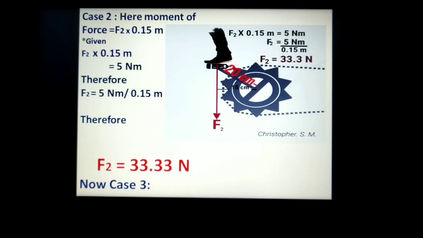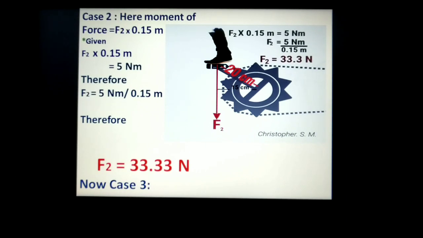In case 2, we see the pedal has rotated a little and now the perpendicular distance is 15 centimeter, that is 0.15 meter. Now here the moment of force will be given by F2 into 0.15 meter, and it is also given that moment of force is constant. So F2 into 0.15 meter is equal to the earlier value, that is 5 Newton meter.